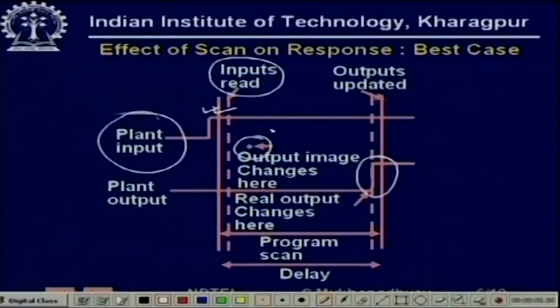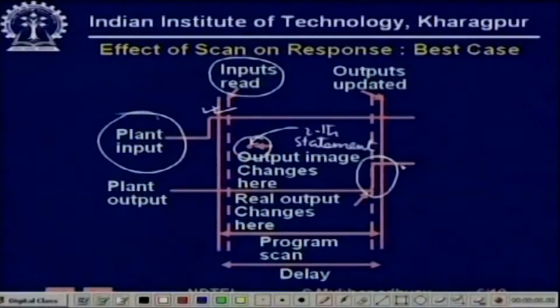So during execution, this is the point where the ith statement gets executed. So actually in the processor memory, the output changes at this point of time. However, it does not go to the physical world till the whole program execution has completed, as we have said.